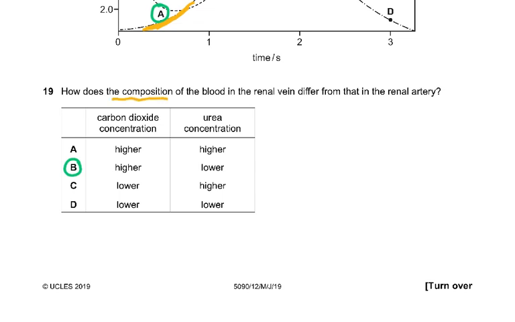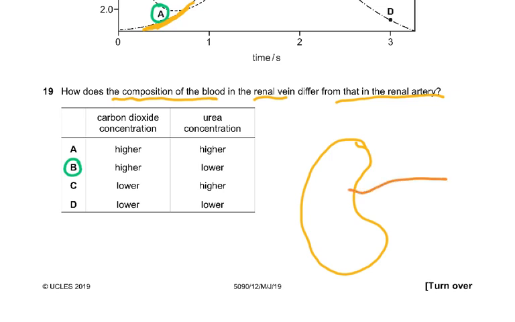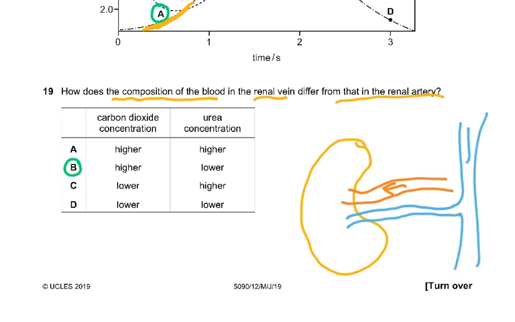How does the composition of the blood in the renal vein differ from that in the renal artery? This is the kidney, and you have the renal artery entering it and bringing oxygenated blood. Then you have the renal vein coming out of it and entering the inferior vena cava, carrying blood back to the heart.